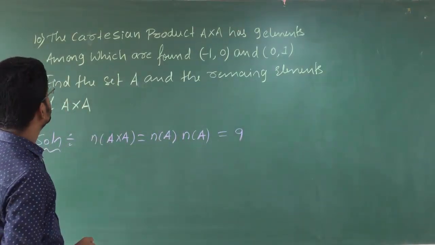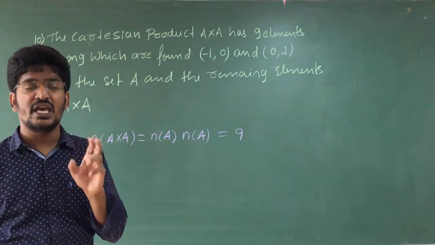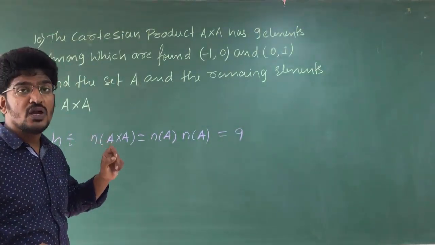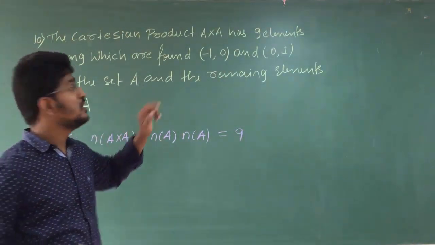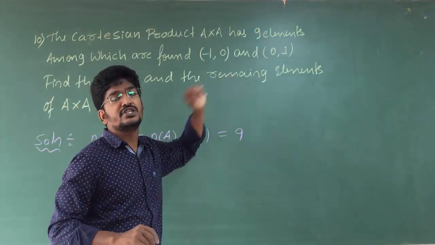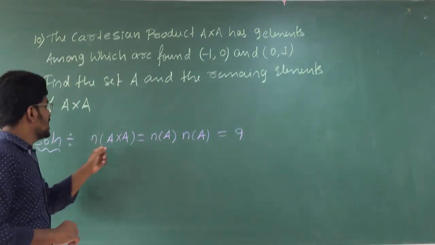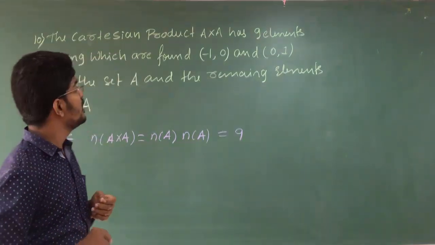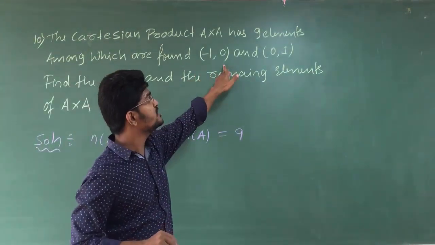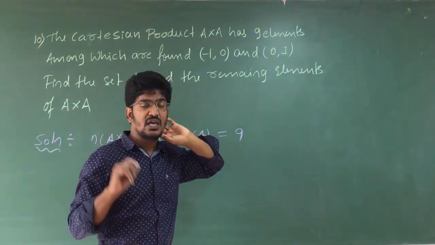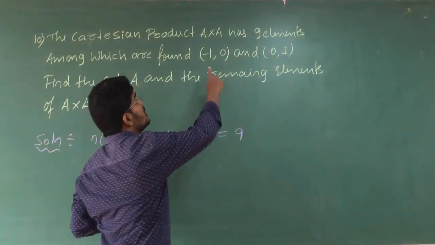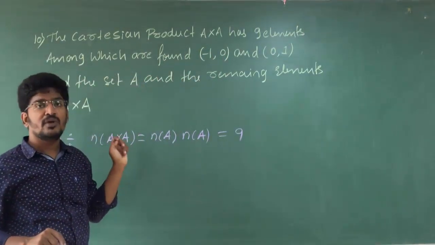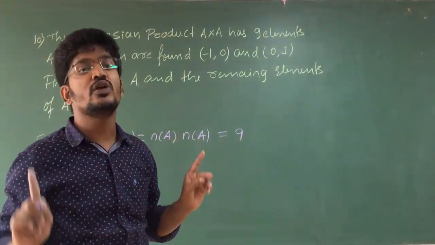So what they are telling is that the Cartesian product A cross A has 9 elements, among which are found minus 1 comma 0 and 0 comma 1. That means in A cross A, some of the ordered pairs are minus 1 comma 0 and 0 comma 1. Here you have to note one point: minus 1 is also from A, 0 is also from A, because here there are no two different sets.